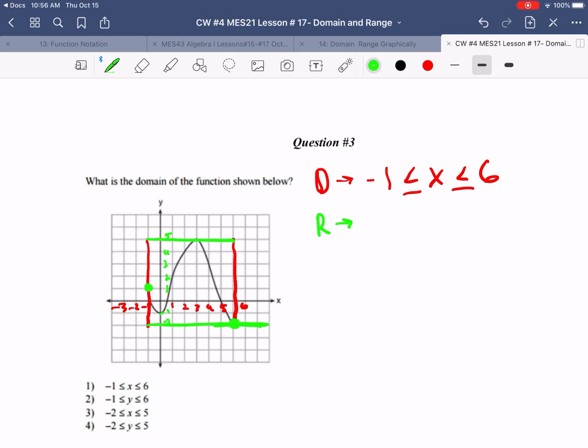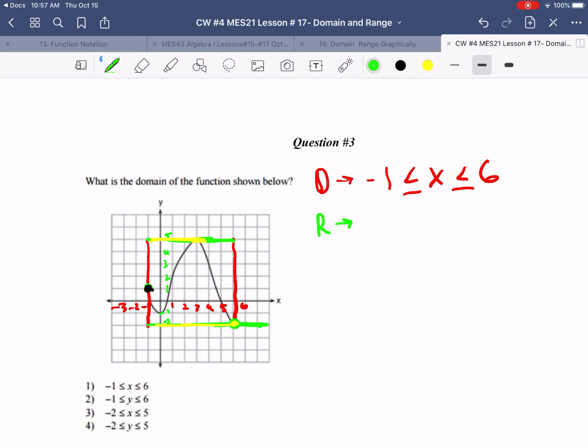Actually, this green dot that I wrote here, it doesn't matter for the range because it goes all the way up to here. So that's where I wrote the yellow. That's the highest that the function goes on the y-axis, to 5, right? And then this is the lowest that it goes.